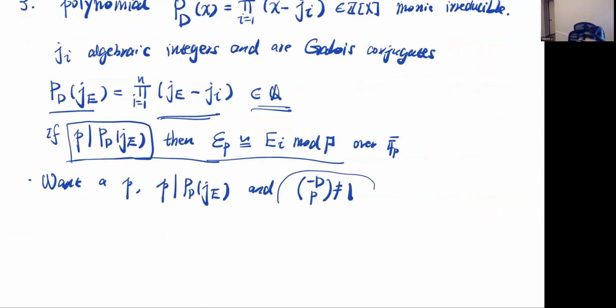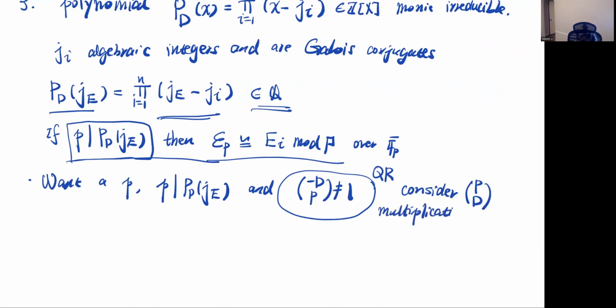This is what we want. So now the question is, how do I know this Legendre symbol condition? This Legendre symbol condition is difficult, right? Well, how to do this? First of all, quadratic reciprocity tells us that instead of considering minus d over P, I can invert it, so it's enough for me to consider the value of P over D. And also, the Legendre symbol is multiplicative, right?